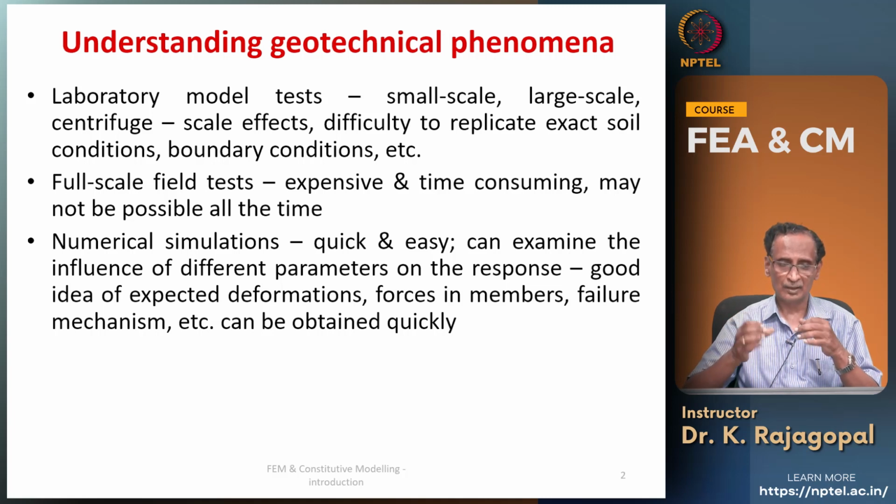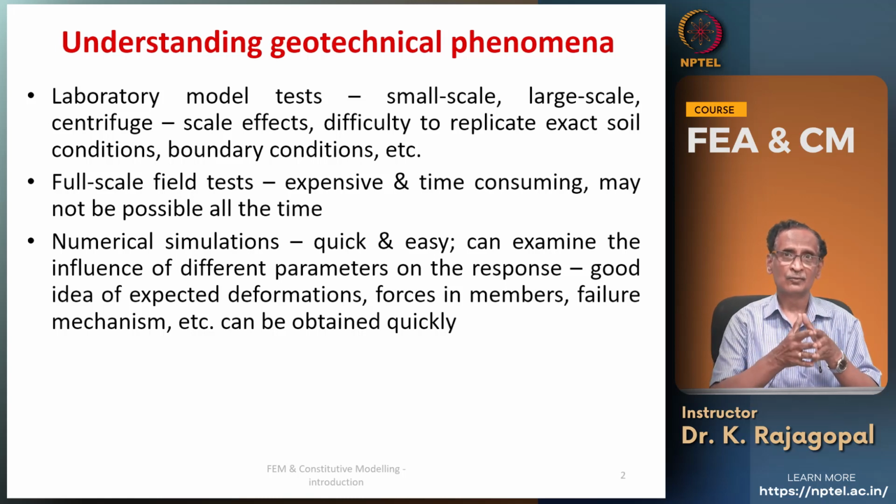These methods are very quick and easy, and we can examine the influence of different parameters. So, especially when it comes to soil, we do not know exactly what are the soil properties. It could be say the friction angle may range anywhere from 30 degrees to 40 degrees depending on how you compact the soil or depending on the environmental conditions.